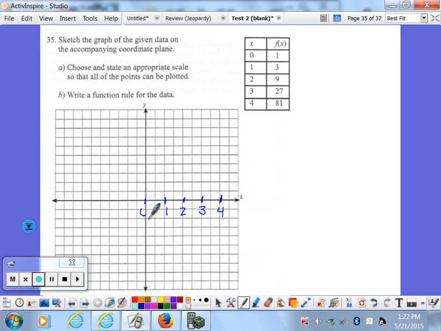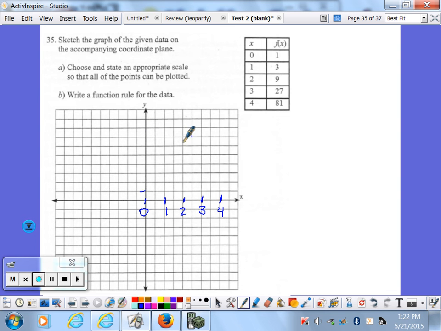This is 0. And my y values need to go up to 81. So you need to think about how to best fit all of those data points. And it seems like counting by tens might be the best way to go. Let's see, 10, 20, 30, 40, 50, 60, 70, 80, and then 90. So that is perfect. I would count by tens.